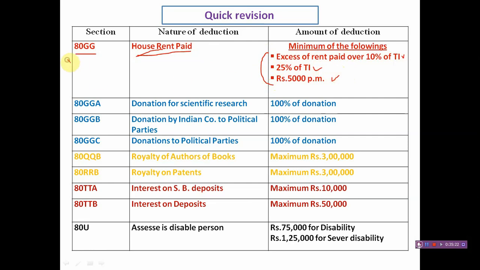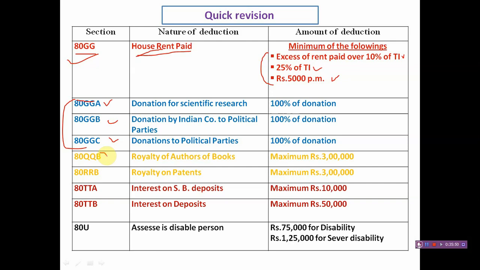Okay, it is relating to rent, and these are in respect of donations: 80GGA for scientific research, 80GGB donation to political parties by company, 80GGC donation to political parties. The amount of deduction in all these four sections is 100%.